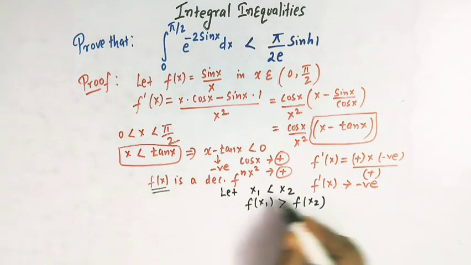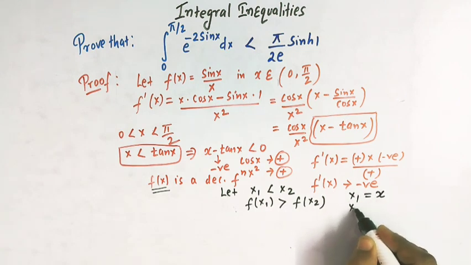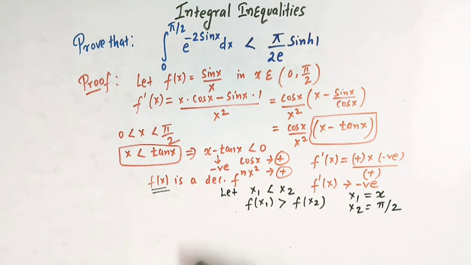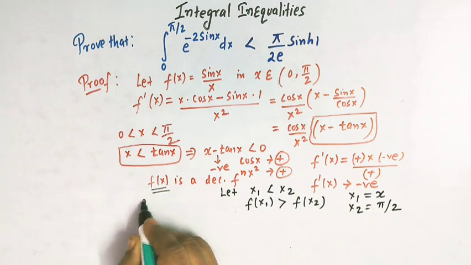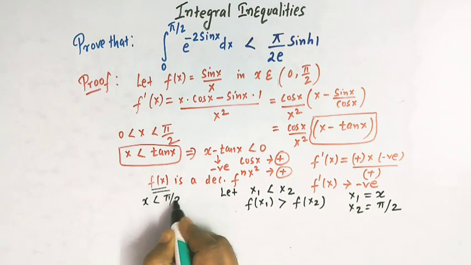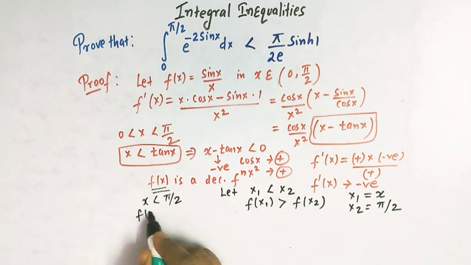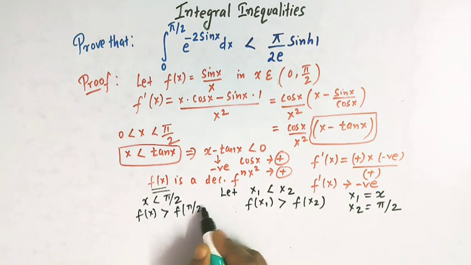So now let us take x1 as x and x2 as pi by 2, and here x is less than pi by 2, right? Using this definition, we have f of x greater than f of pi by 2.